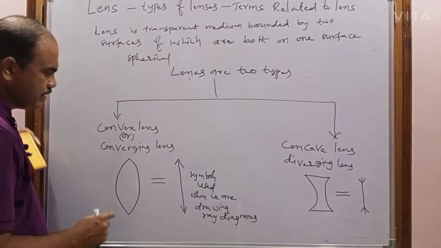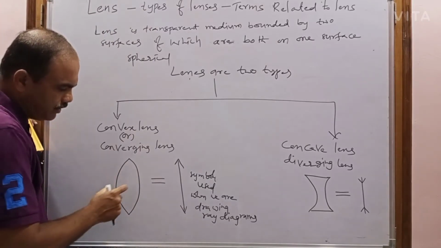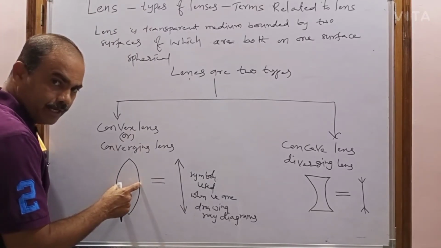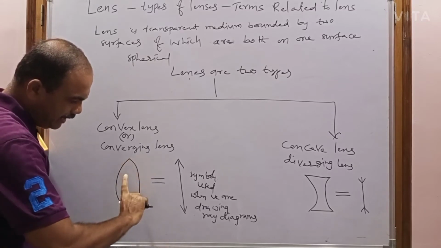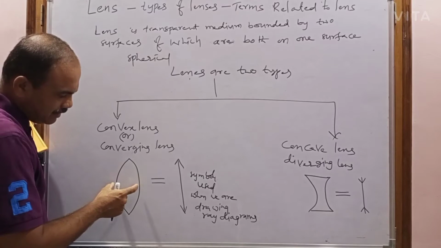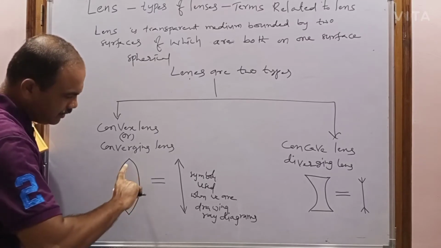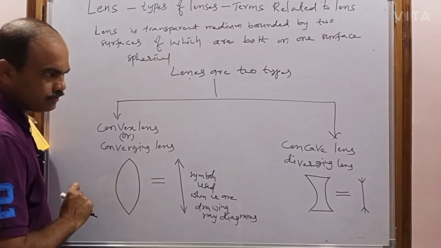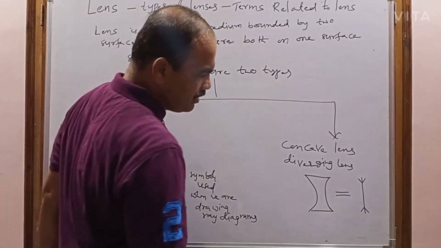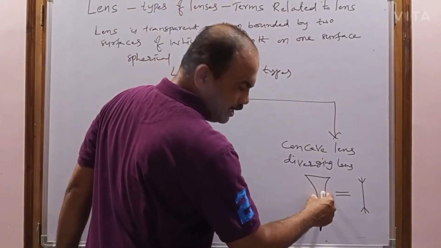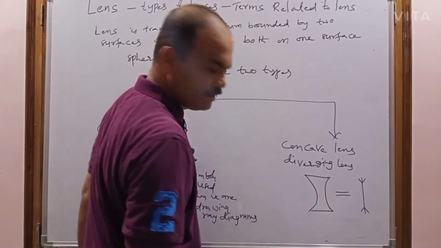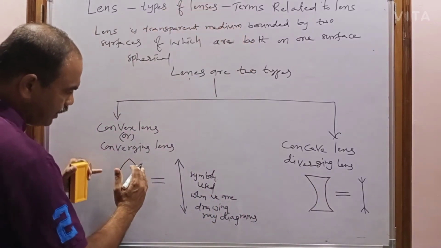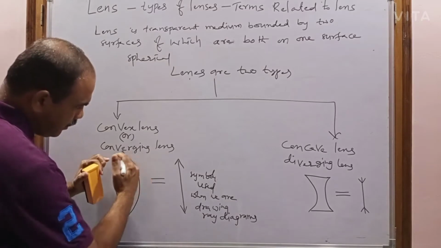A convex lens is thicker at the middle and thinner at the edges. But the concave lens is thinner at the middle and thicker at the edges. That's why this is a convex lens. It is thicker, meaning curved outside.